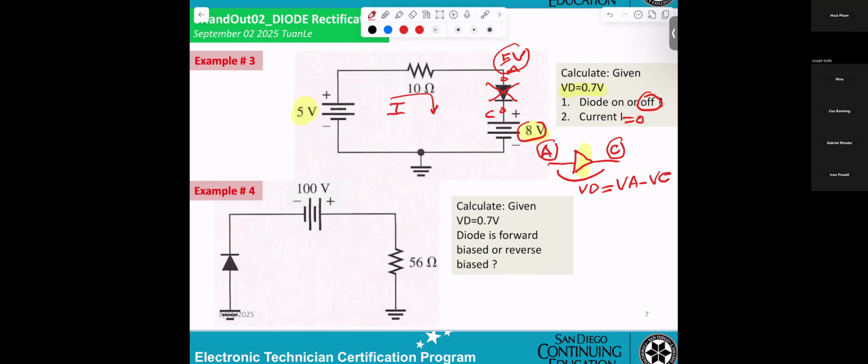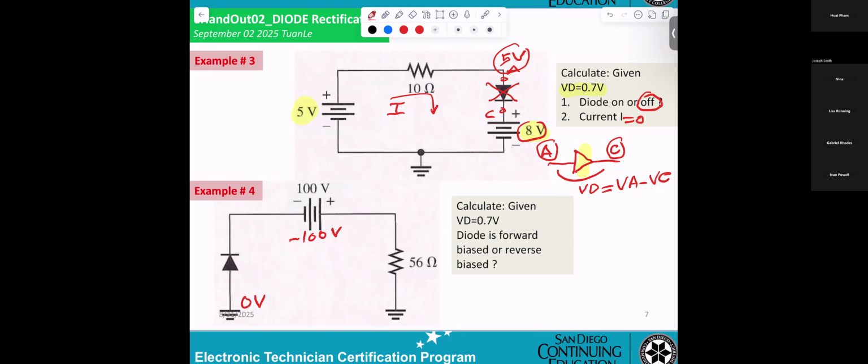Okay, next. Diode on or off? On. The reason is you have a power supply of minus 100 volts. That means this side is minus, and the other side here is 0 volts.